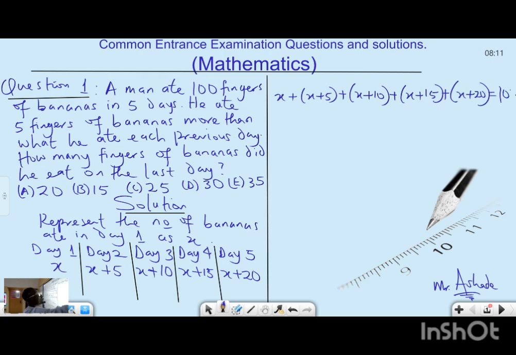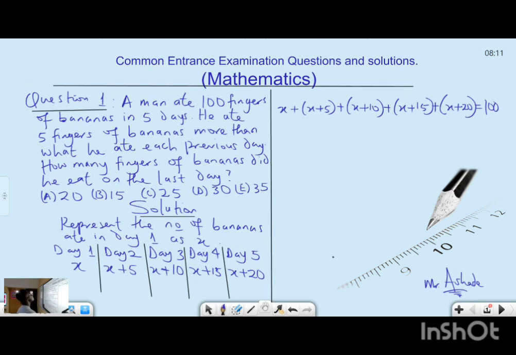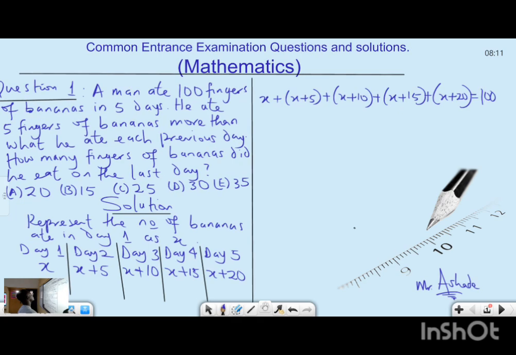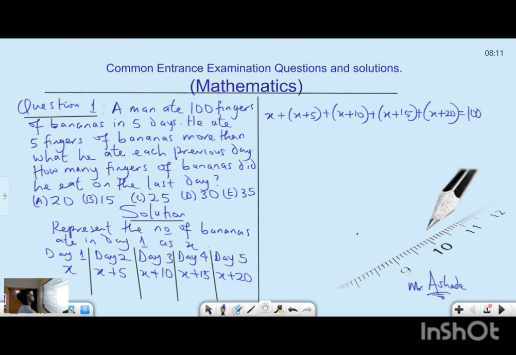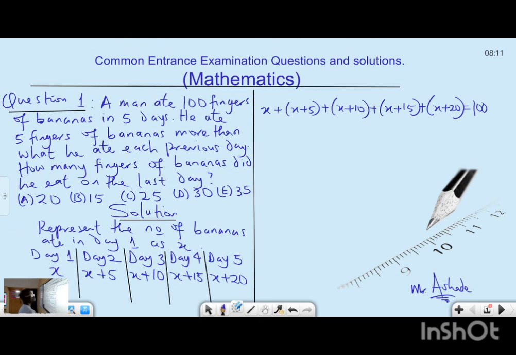Everything must be equal to 100. So I hope we are following. So everything equals 100.